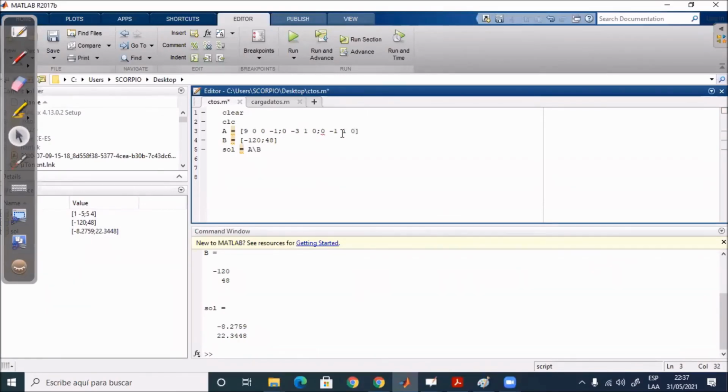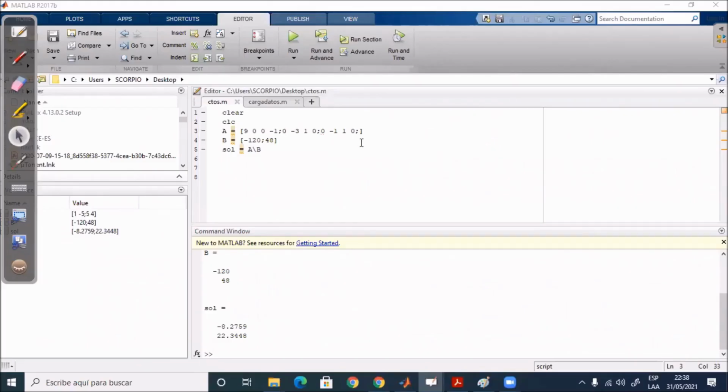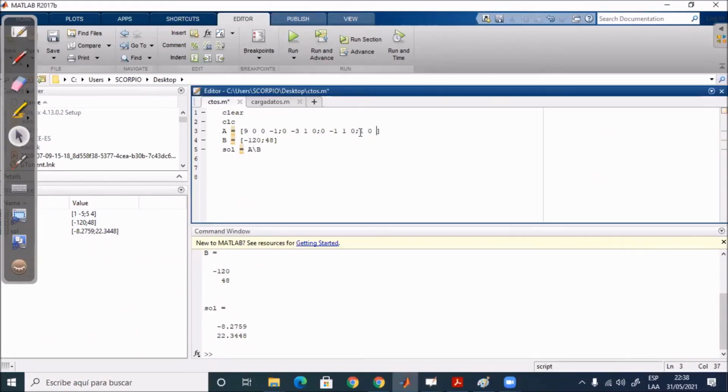The next one would be 1, 0, 0 and minus 9.